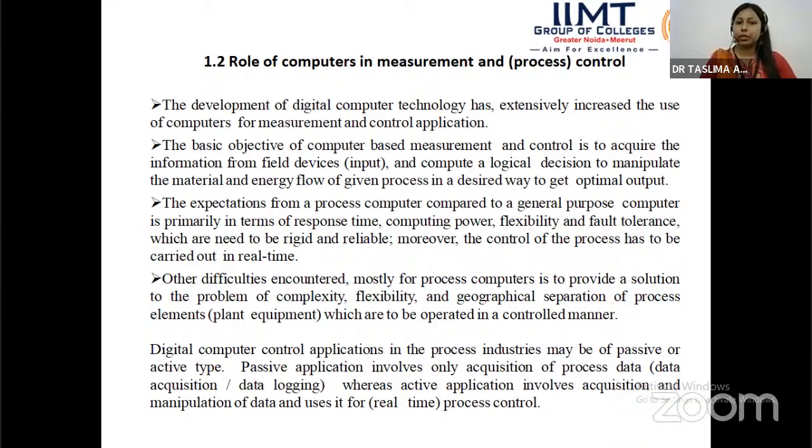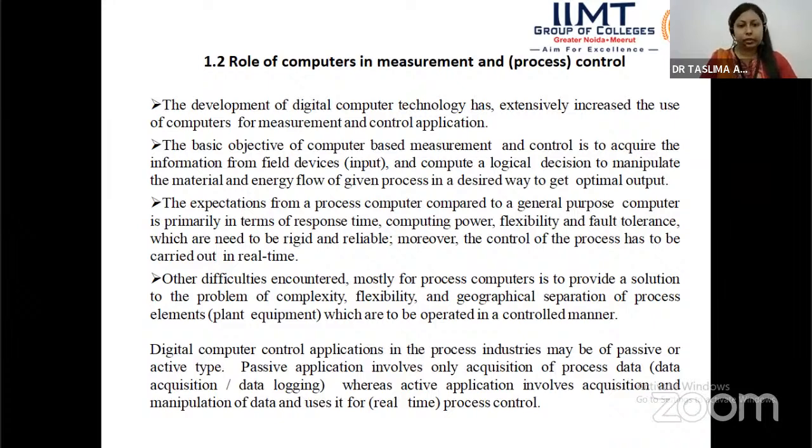Point number two, the basic objective of computer-based measurement and control is to acquire information from different field devices and compute a logical decision to manipulate the material and energy flow of given processes in a desired way to get the optimal output. The expectations from a process computer compared to a general purpose computer are primarily in terms of response time, computing power, flexibility, and fault tolerance.